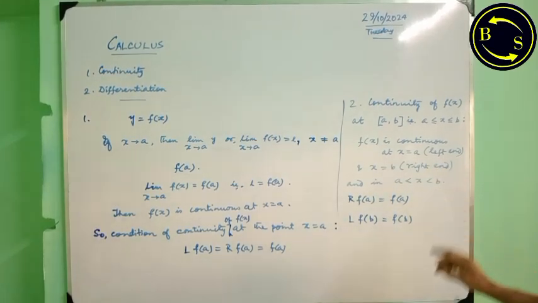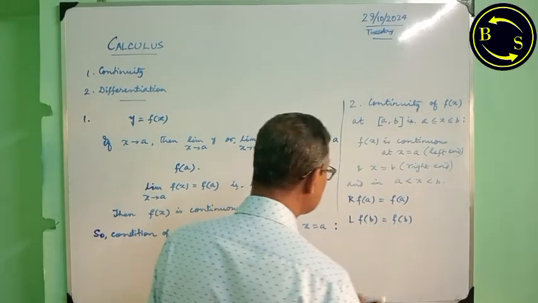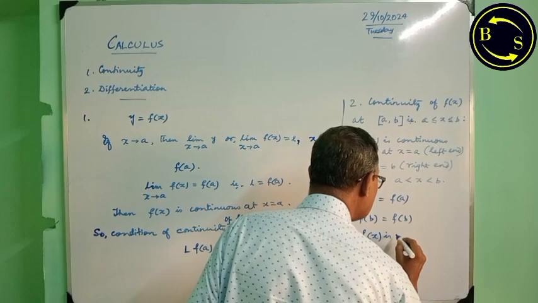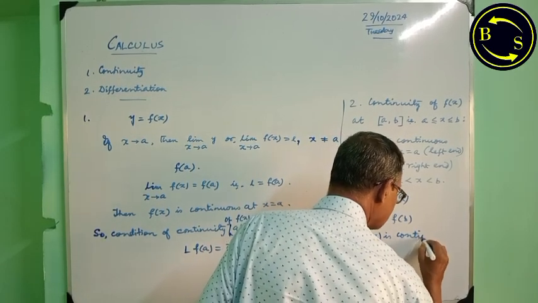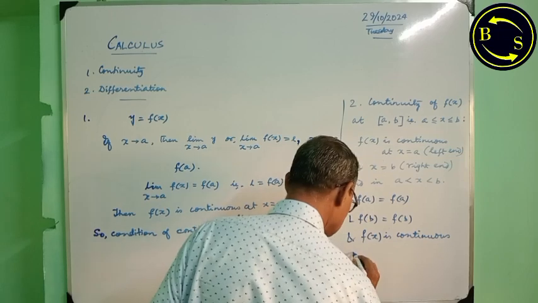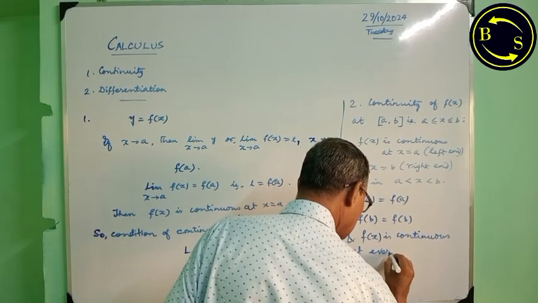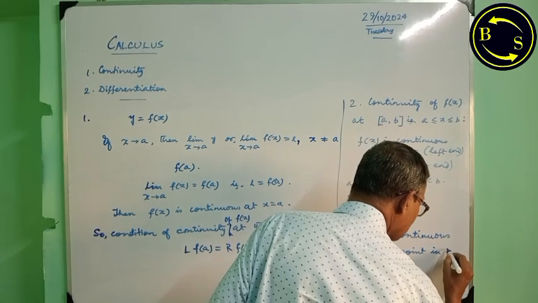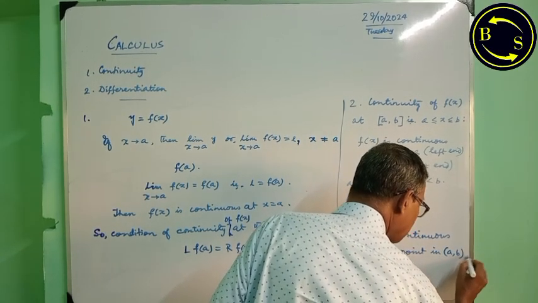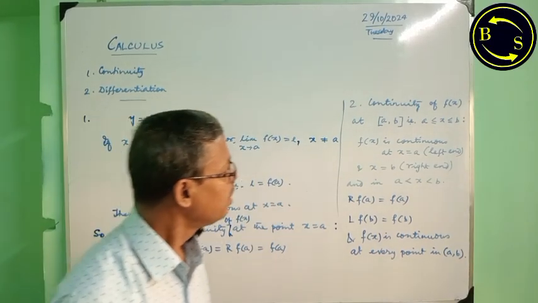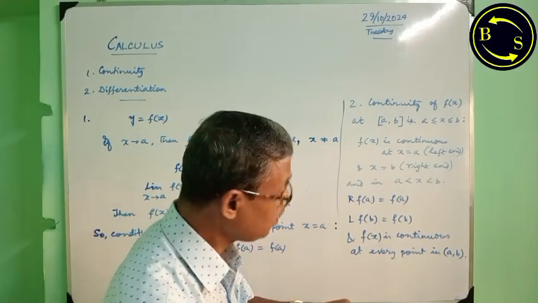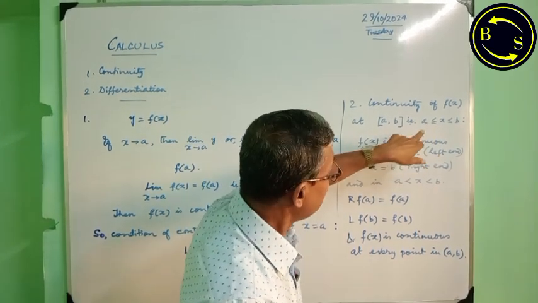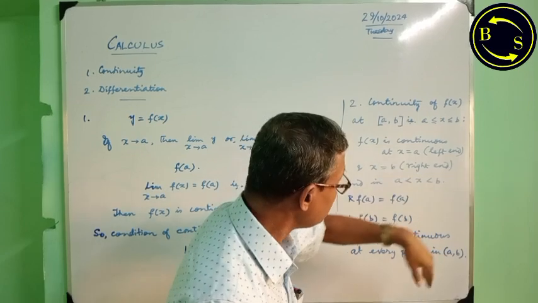And if the function f(x) is continuous at every point in the open interval AB, that means the function f(x) will be continuous at the given interval a less than equal to x less than equal to b.